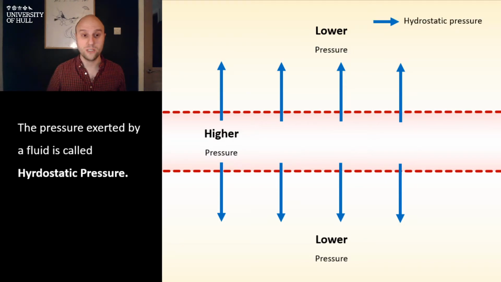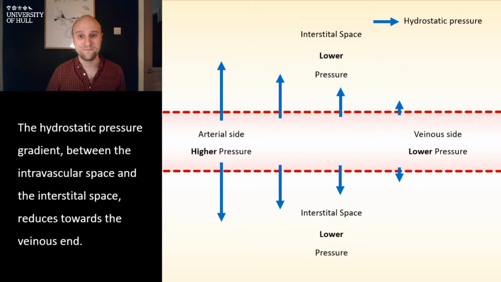And we refer to this pressure as hydrostatic pressure. Now, there's greater pressure on the arterial side of the capillary bed, and so that hydrostatic pressure is greater on that side. As we move along the capillary towards the venous end, that hydrostatic pressure will diminish, and you can see that on the arrows on our diagram here. So the hydrostatic pressure is greatest at the arterial side of the capillary.